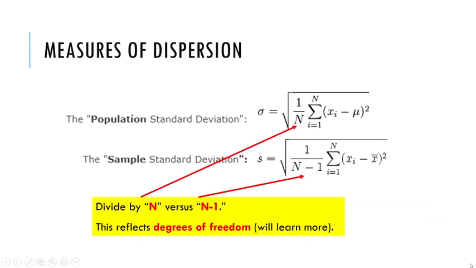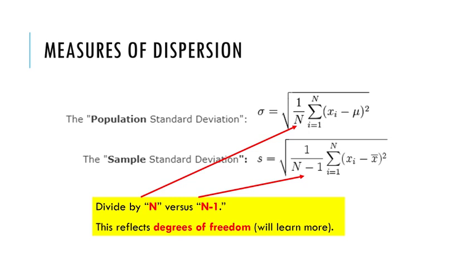Now, the next thing that we see here is that when we look at division, what's on the denominator, we have n for population, but we have n minus 1 when we're calculating the standard deviation for the sample. So we're not going to get the same calculation, right?